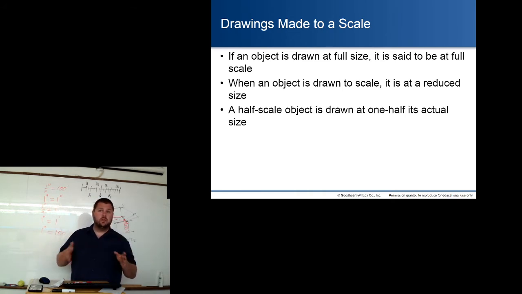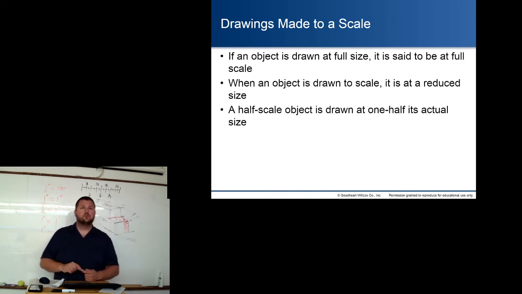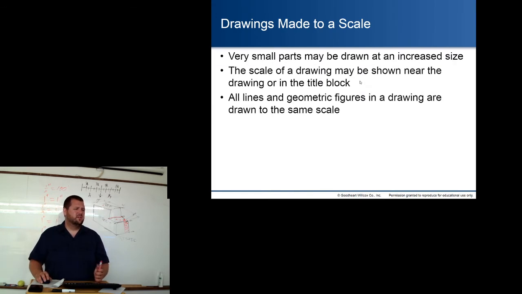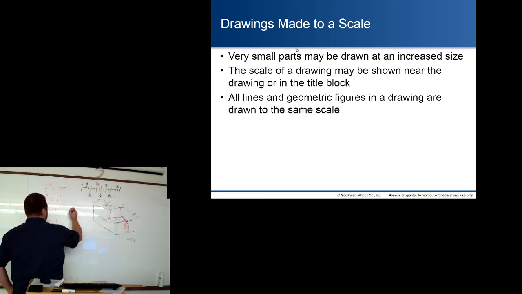Even if it's 3 feet, they're still the same. So it doesn't get distorted. Oh, you can go the other way too. So if it's something really small, you do 1 inch equals 0.1 inches.